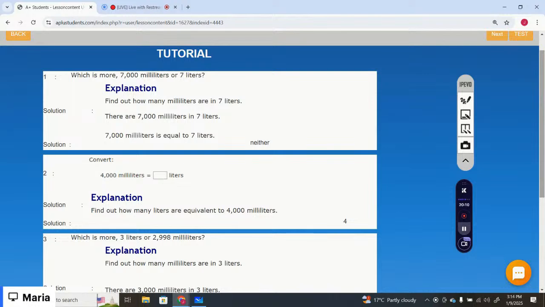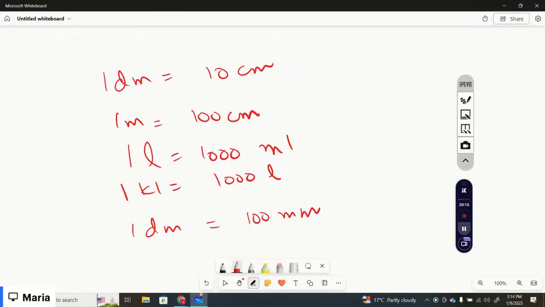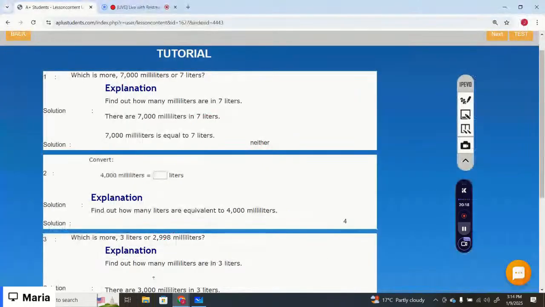They are exactly equal. 1 liter equals 1000 milliliters. That is already written on the board. So 7000 milliliters equals 7 liter, right?